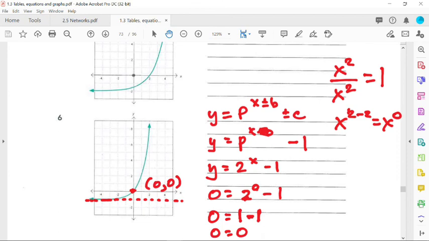So therefore, anything to the 0 power must also equal 1, because you get that 0 power by dividing something by itself. Okay? That's the proof. It's not a giant proof, but it'll work.